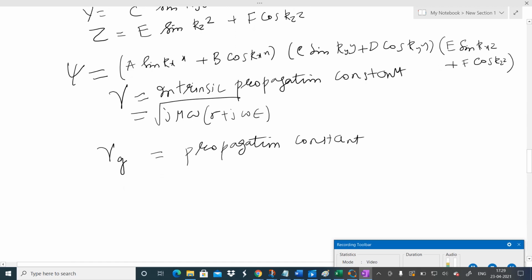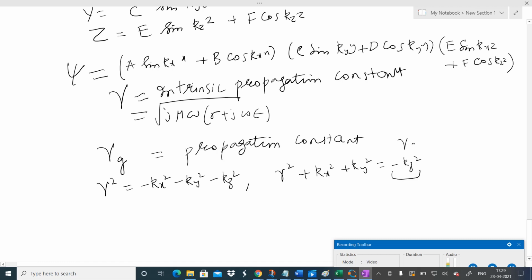Now, how will we get that? We know that gamma square is minus kx square minus ky square minus kz square. So if we write it like this, gamma square plus kx square plus ky square is minus kz square. So this minus kz square will be our gamma g square. It is in the direction of z.